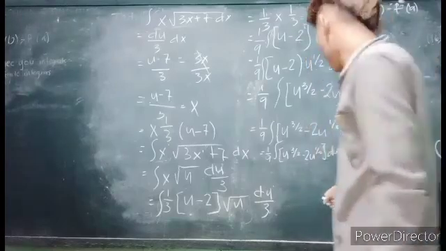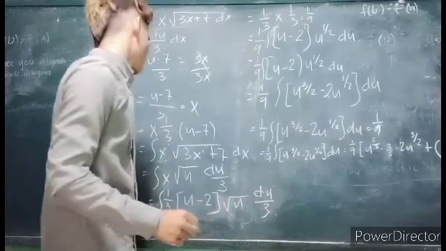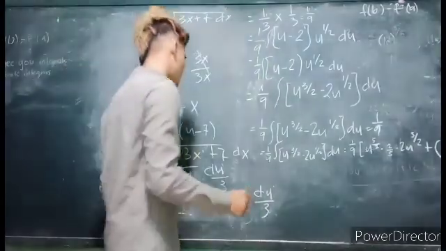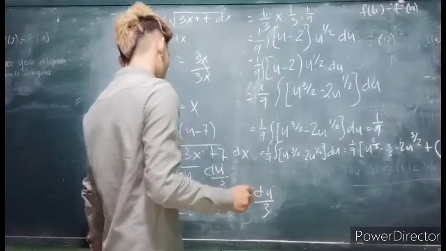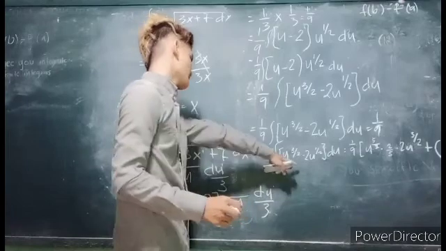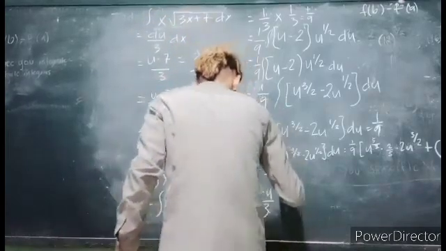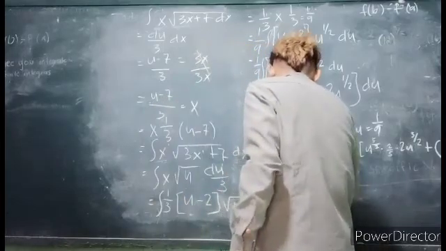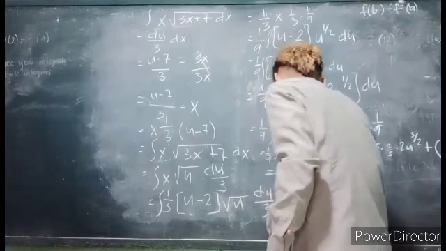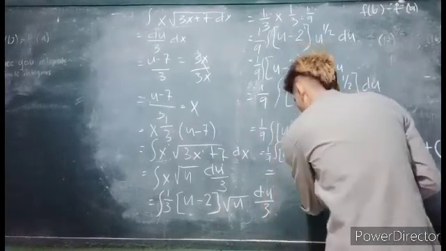Next, let's distribute 19 to everything on the inside. So multiply 19 times 2/5.